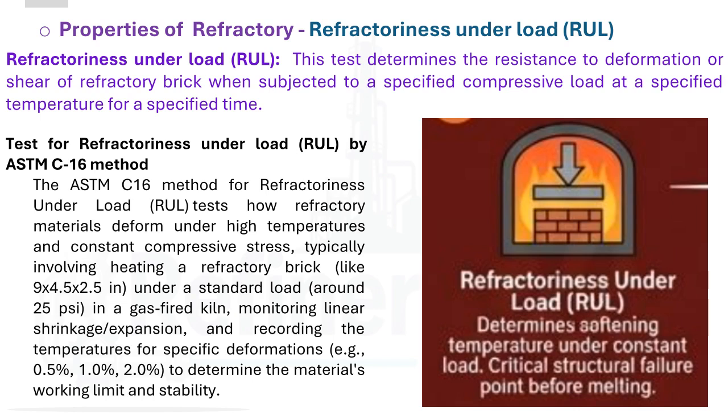Dense fire clay bricks often show RUL around 1350 to 1450 degrees Celsius. High alumina refractories can reach 1500 to 1700 degrees Celsius, while insulating bricks usually have much lower RUL, often below 1200 degrees Celsius.